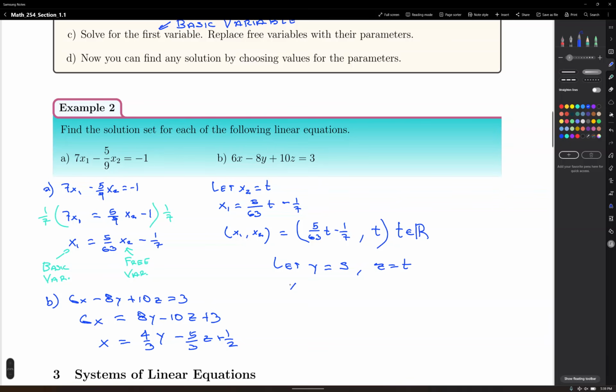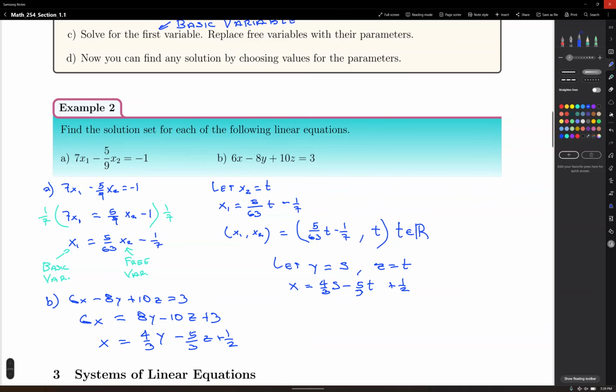Substitute into the equation: x equals 4 thirds y minus 5 thirds z plus 1 half. Oh, wait, what am I doing? Yeah, s and t, right? s and t. Okay, that s looks like a 5. Okay, there we go. Much better.